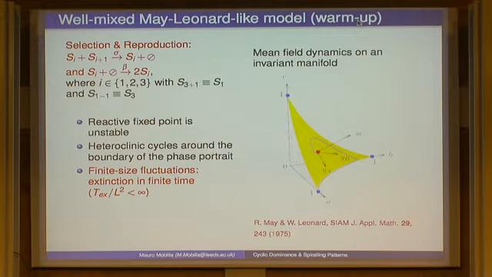Yes and no. What I'm going to discuss in the next slide is a generalization where we have this and that. So this is really the May-Leonard model, and the one that you refer to is usually what people call essentially the zero-sum rock-paper-scissors game.